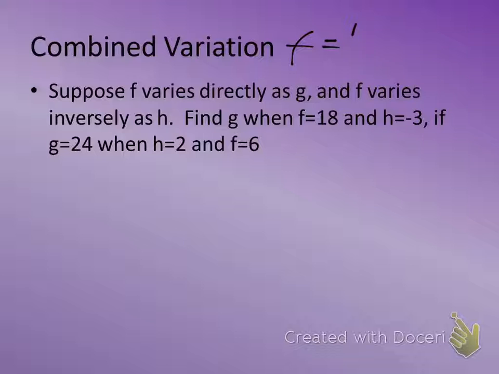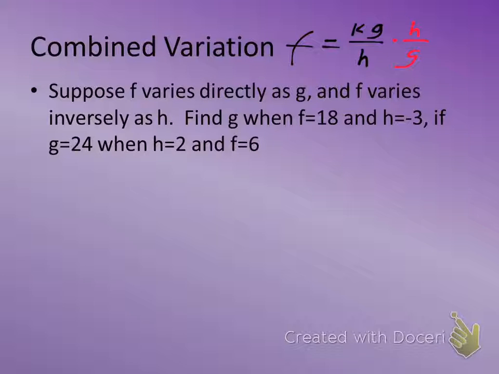We know that k is on top, and we know it's varying directly as g, which means it's on top, and inversely as h, which means it's on bottom. Then whenever you solve for k, you're going to multiply by the reciprocal, which would be hg on both sides.